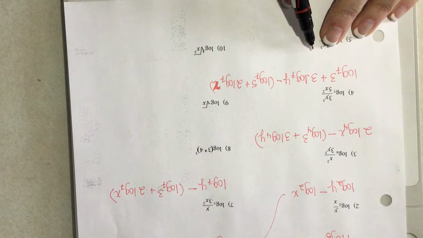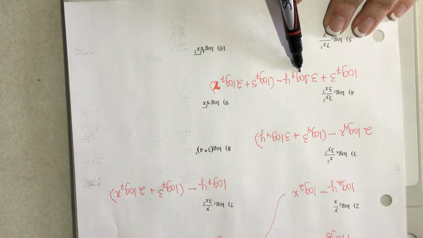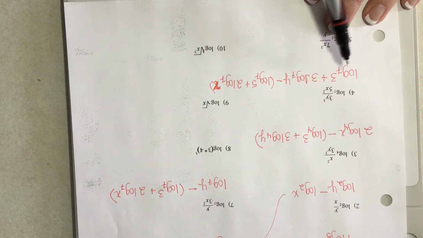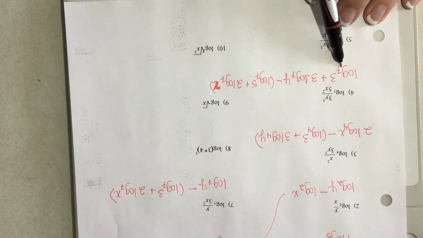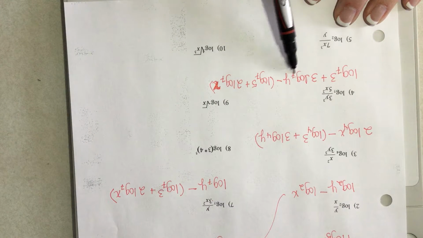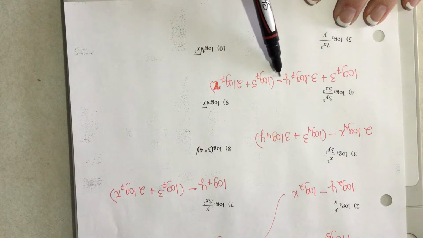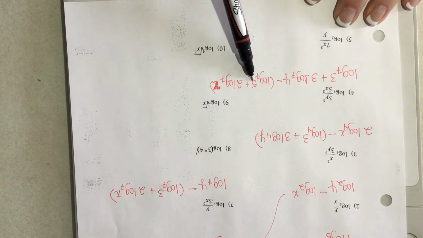This might be a dumb question, but how come we don't put parentheses around like the first 2 sets of logs? You are so welcome to do that, but the way I read this is log base 7 of 3 is being multiplied by log base 7 of y cubed. So there's really no need for parentheses to be around that. But then when I get to that division, I have the division of log base 7 of 5.